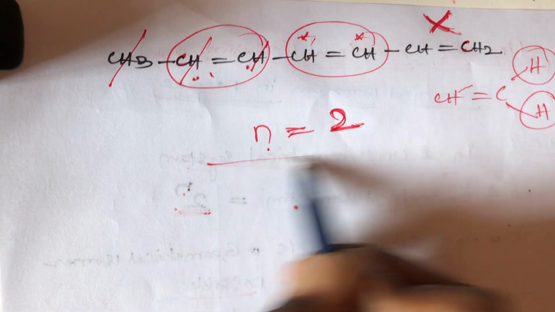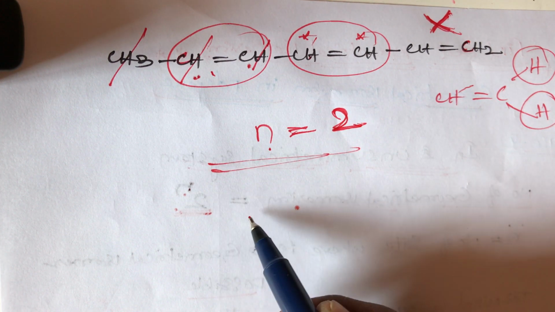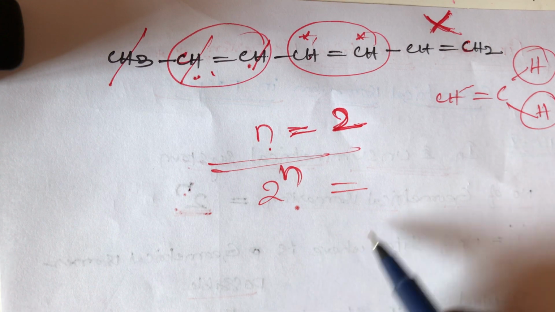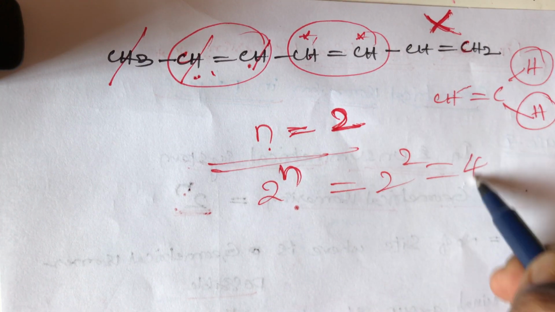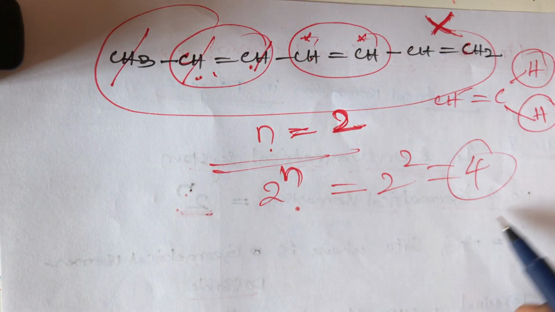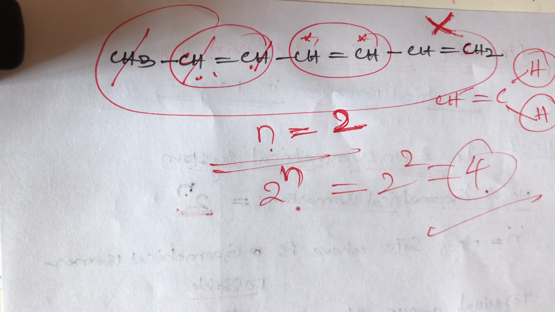So with n value 2, what is the formula for geometrical isomers in an unsymmetrical compound? 2 to the power n. So what is the answer? 2 into 2, that is equal to 4. So 4 geometrical isomers are exhibited. So for the given compound, 4 geometrical isomers are possible. This is a simple trick, students. All double bonded carbons will not show geometrical isomers.